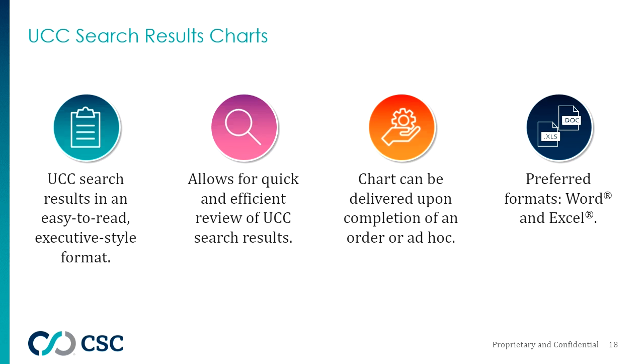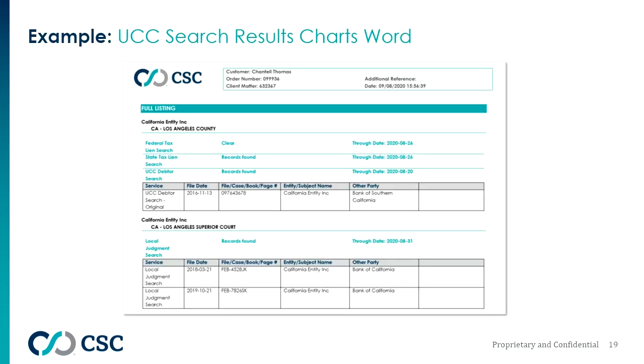And in the end, we're just trying to put together a package for you to be able to review quickly and make an informed determination based on what's been found on the public record. So let's move on to our charts. This slide is an example of our PDF style search chart, and you'll see how it's laid out.